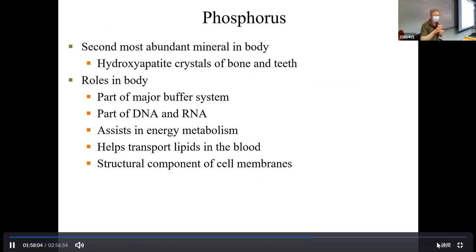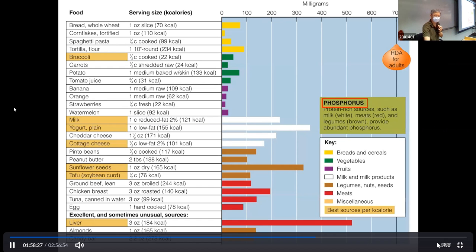Now, we turn to phosphorus, and we are going to touch on it very quickly because we only focus on the interaction between calcium and phosphorus. Of course, phosphorus is an important component of the hydroxyapatite, if you look at the hydroxyapatite formula, calcium and phosphate. This is the food source, which again I won't spend time on. The high phosphate foods will be the dairy products, as well as some seeds and tofu, and then the liver, which will be quite high.